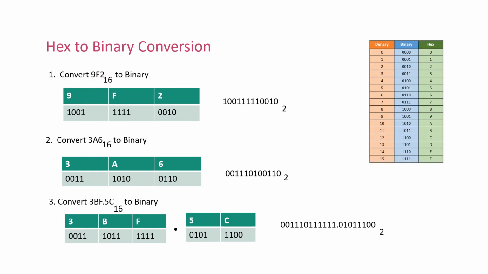Now we will do the hexadecimal to binary conversion. Let us take the first hexadecimal number 9F2, and we are going to write down the 4-bit binary equivalent for each digit of this hexadecimal number.